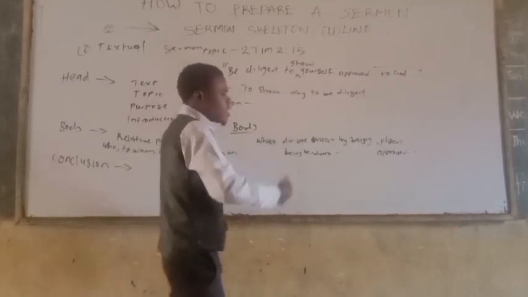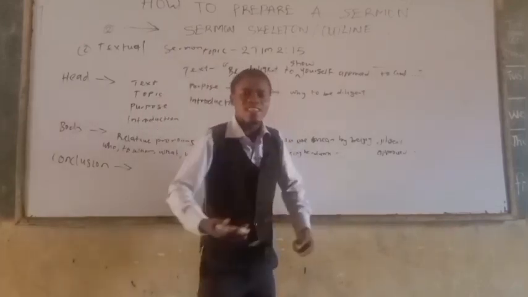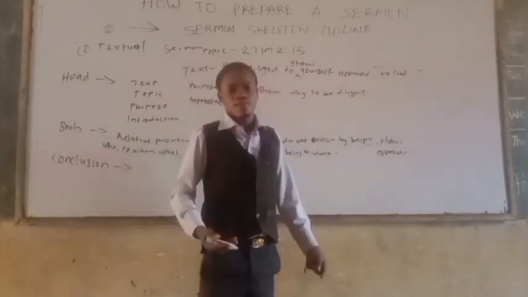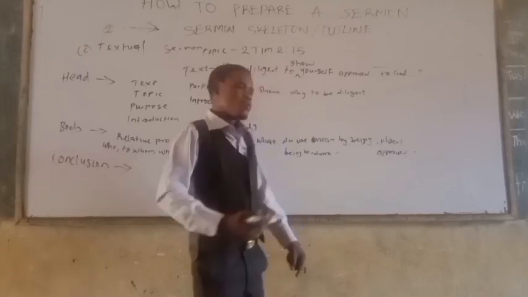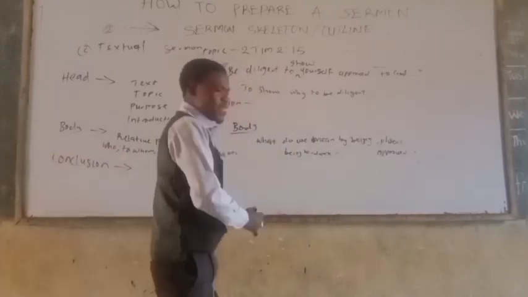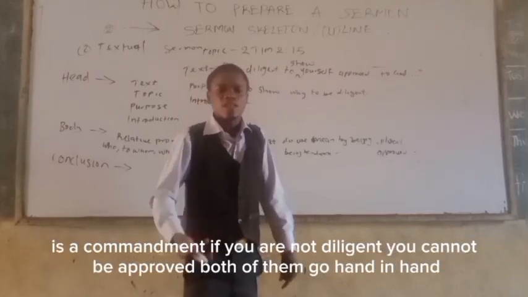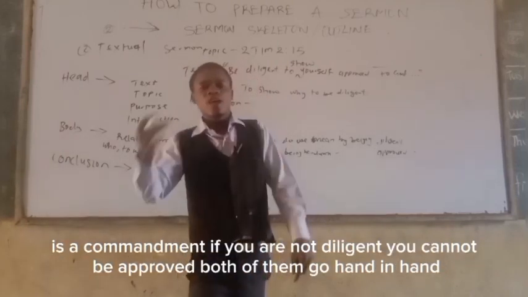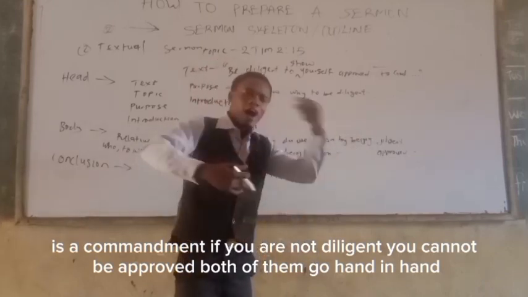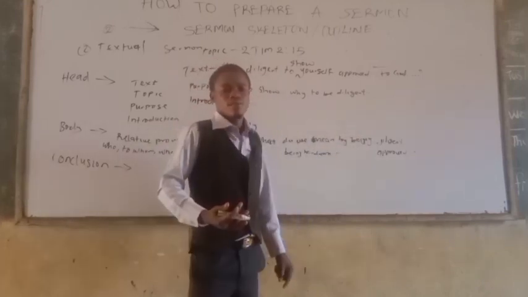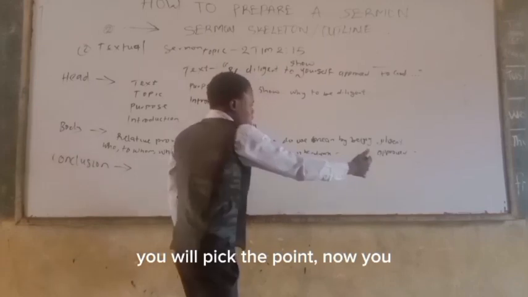You can still say, what is the relationship of being diligent and being approved? You can say, okay, being diligent and being approved to God is a commandment. If you are not diligent, you cannot be approved. Both of them go hand in hand. You state the points.